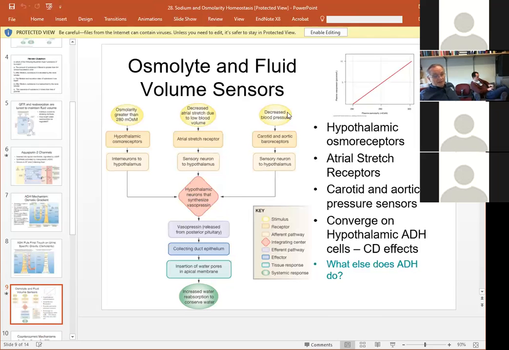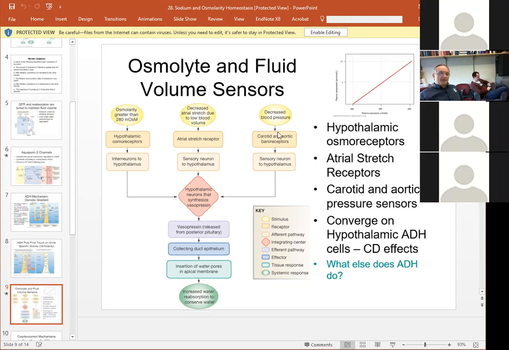That will, as I said, bring blood pressure back up to normal through the vasopressin effect, but also increase water reabsorption to conserve water through the antidiuretic effect of this same hormone.